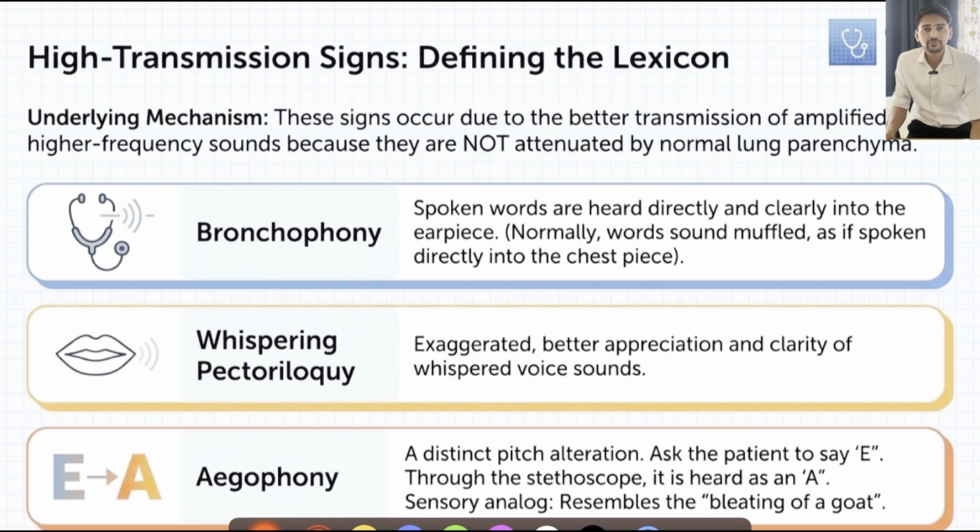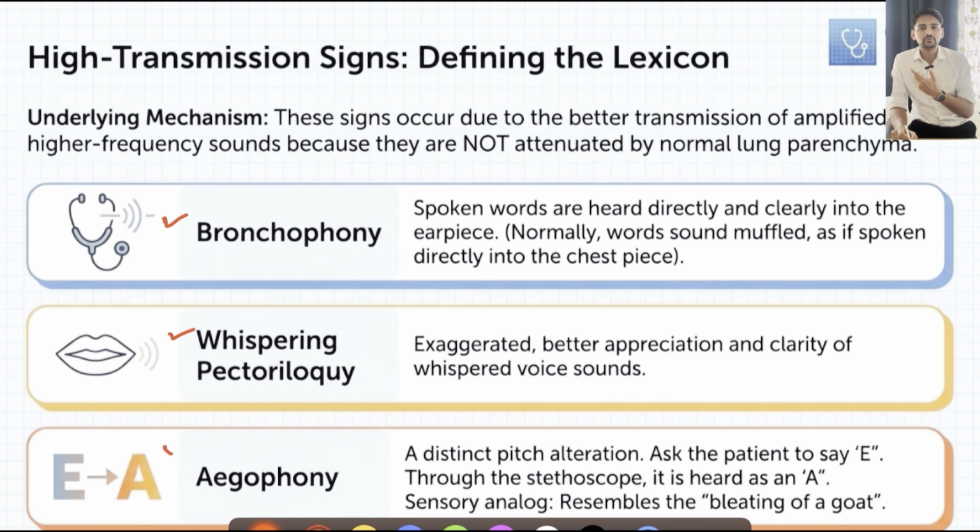Just like the further classification of bronchial breath sounds, whenever you hear increased intensity of these sounds, always look for some other parameters like bronchophony, whispering pectoriloquy and egophony. What does it mean? Normally, when we keep the steth and auscultate and ask the individual to say some words, that is vocal resonance, whatever sound we hear will appear as if it is being generated at the chest piece.